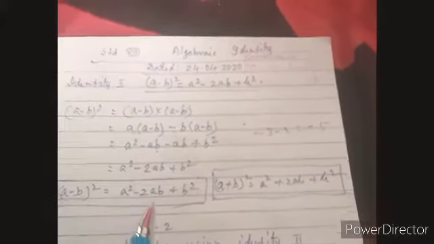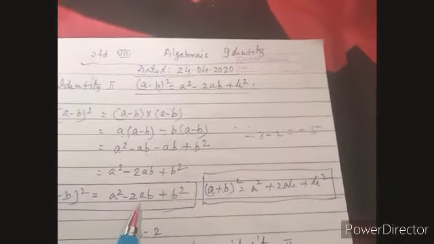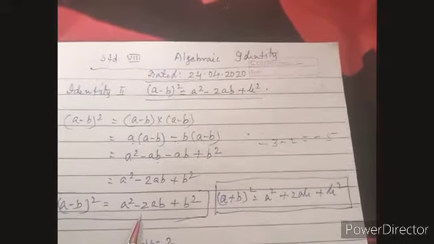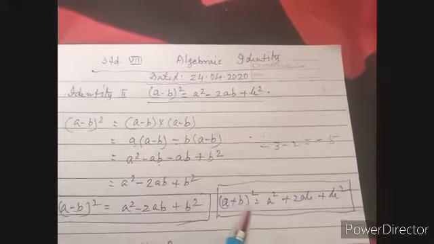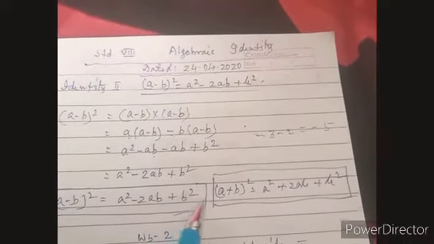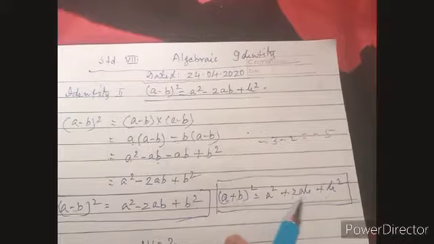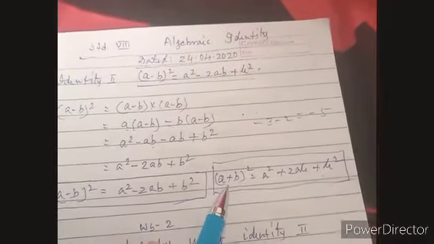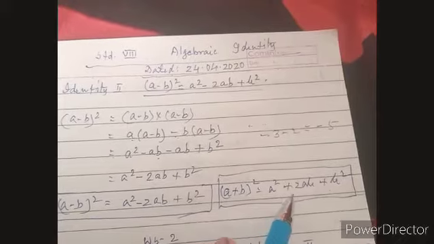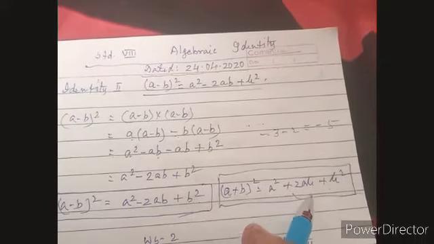Here the difference is only that in both the identities, the first term and the last terms are the same. First term a square here also, last term b square here and b square here also. Simply, when there is a plus b, all the terms are positive. The middle term is plus 2ab.